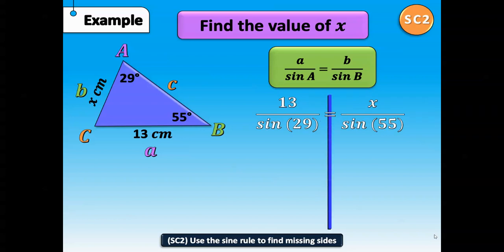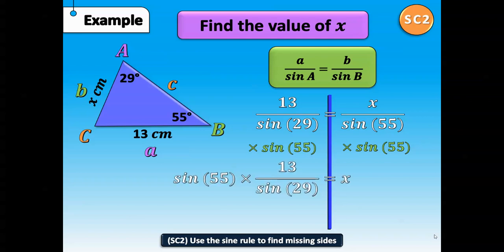So to solve it, and remember I need to find out what x is, I need to get rid of divide by sine 55. So I need to times both sides by sine 55, which gives me this. So I type that into the calculator. So x equals 22 centimeters.